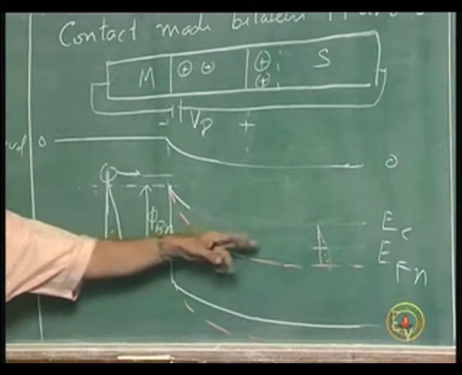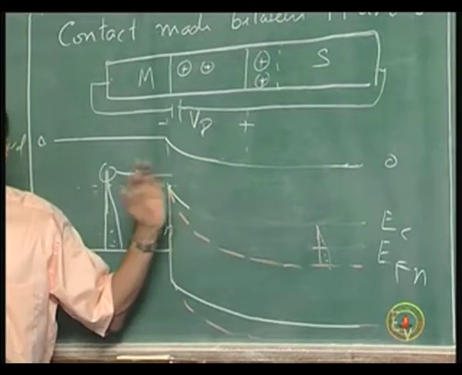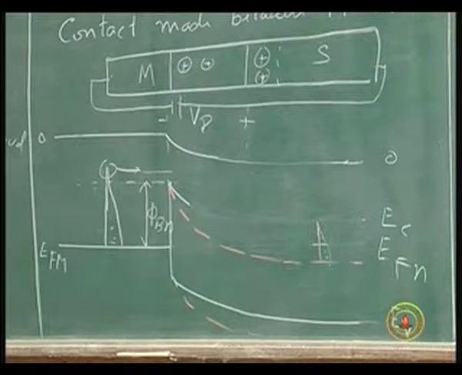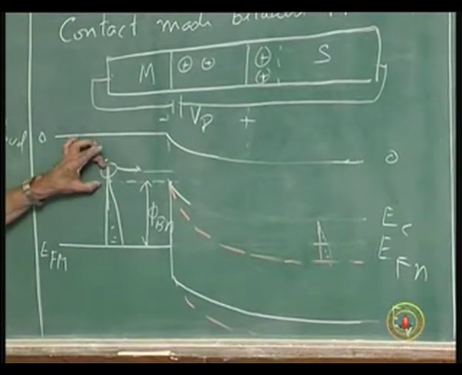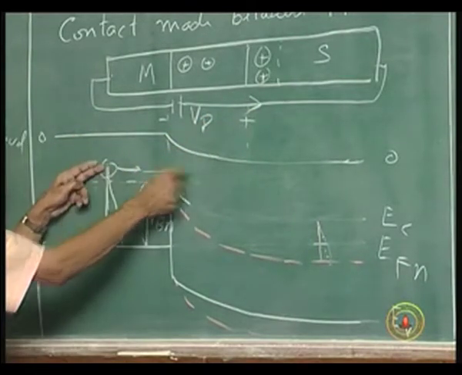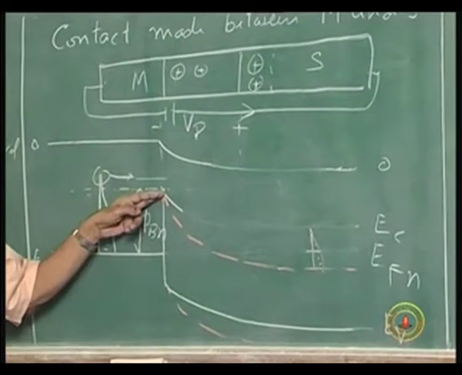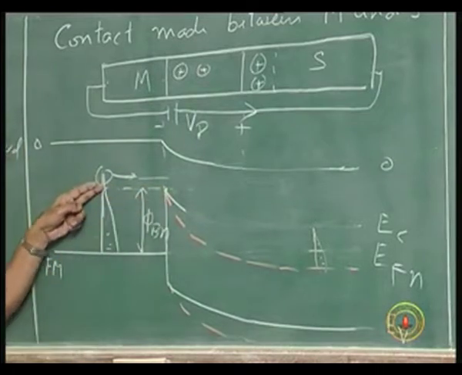What has changed is that this has moved down, and the number crossing from right to left has gone down to 0, because they are not able to cross. That is what I want to point out. So the reverse bias current now will be due to transport of electrons from left to right; the actual current flow is from right to left.